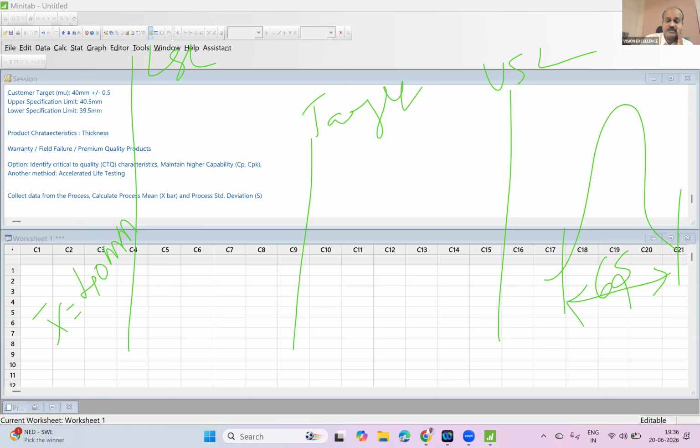So let me now bring in the pink color. My X bar is here. And for the sample standard deviation, I use the symbol s. Customer has given a tolerance of 0.5.